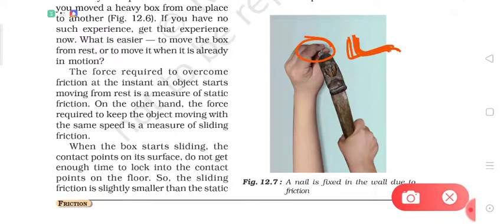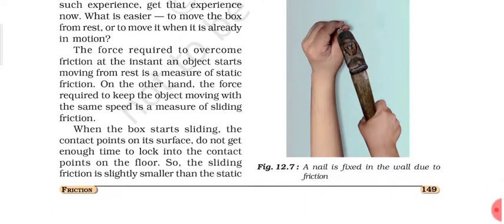Because of friction only you are able to insert the iron nail into the wall. If there is no friction, if there is no roughness, then you will not be able to insert the iron nail into the wall. So it is easy to fix an iron nail on a wall which has a rough surface as compared to a wall which has very smooth and hard surfaces.